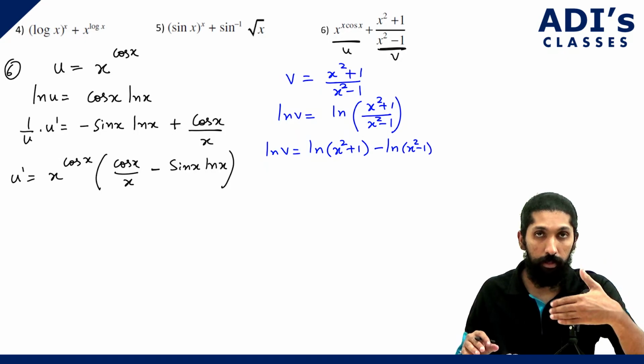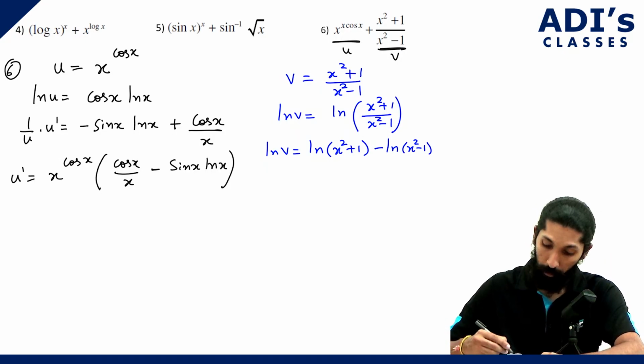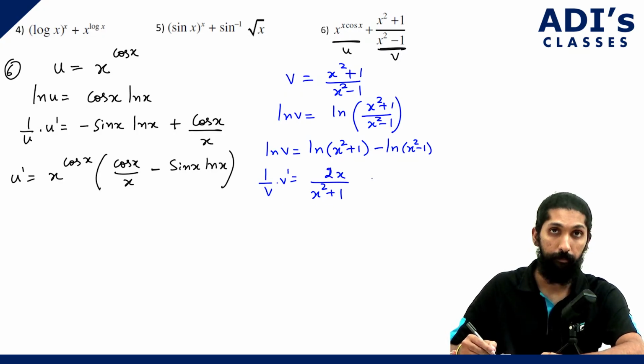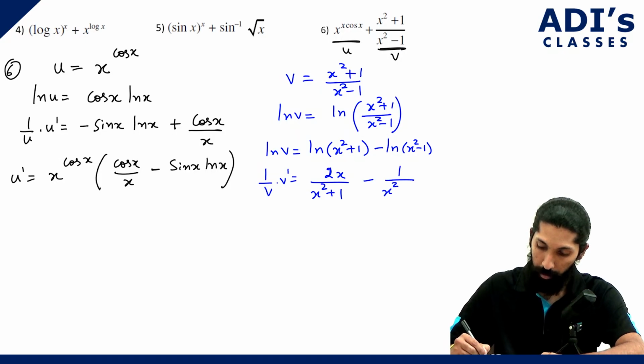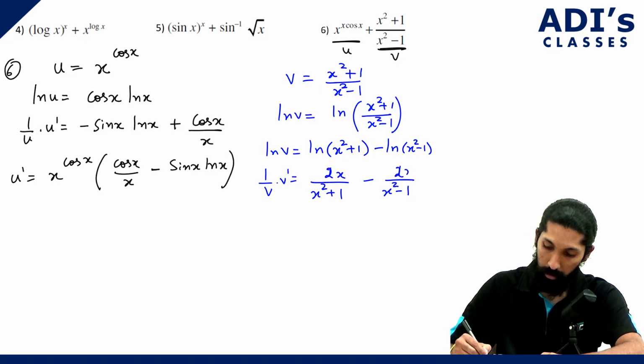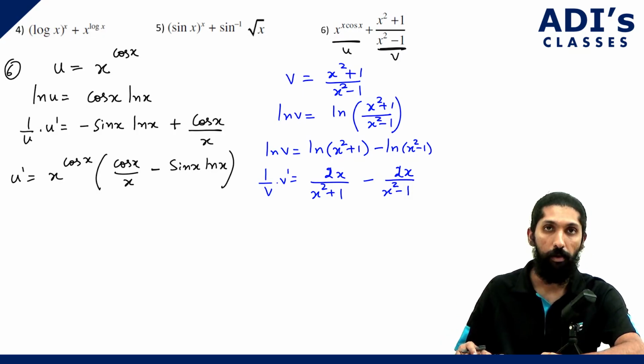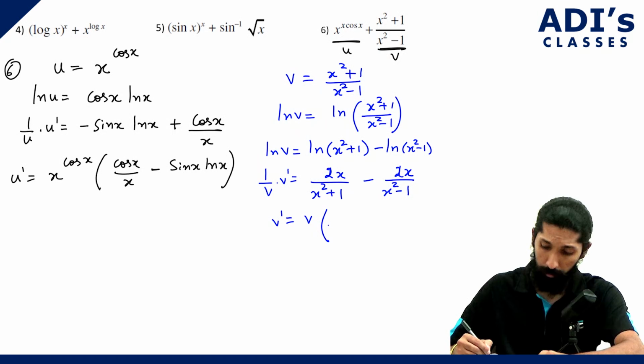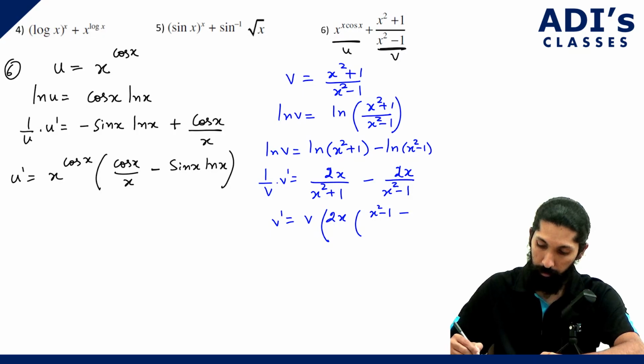Now differentiate: 1 by v into v dash is 1 by x square plus 1 into 2x, minus 1 by x square minus 1 into 2x. Simplify this. So v dash is equal to v into, if you take 2x common, 2x into x square minus 1 minus x square minus 1 by this.